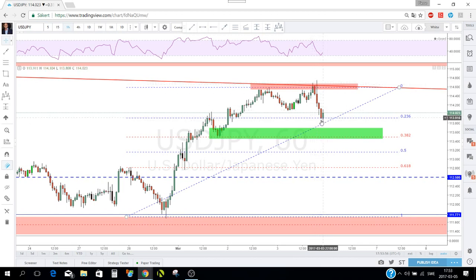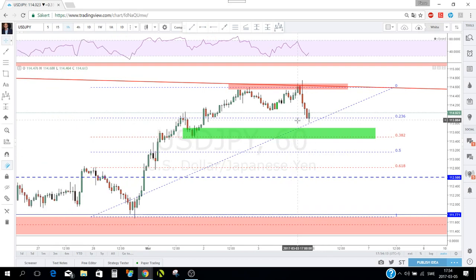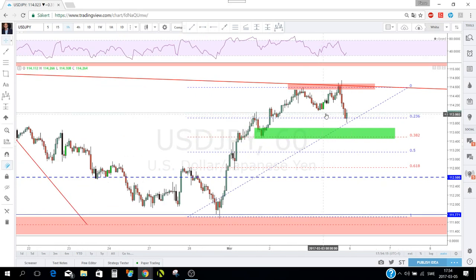Many traders close before the weekend, and those who took this trade to the downside maybe made this candle by closing their position. By closing a sell position, as you know, you have to buy back, and that maybe was a profit taking candle only.